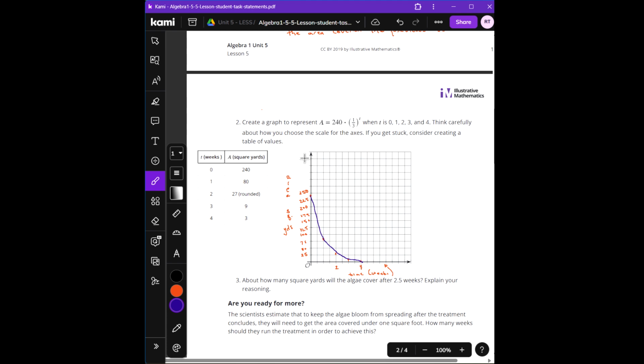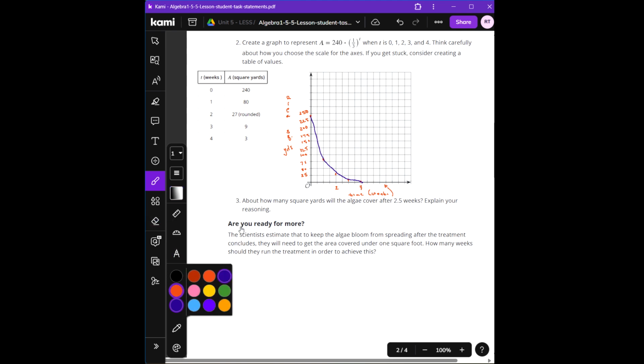Okay, so what we can do for this one, go ahead and change this back, is we could say that the algae will cover fewer than 27 square yards and more than 9, because the area covered is decreasing.